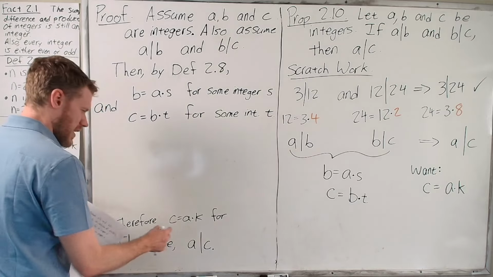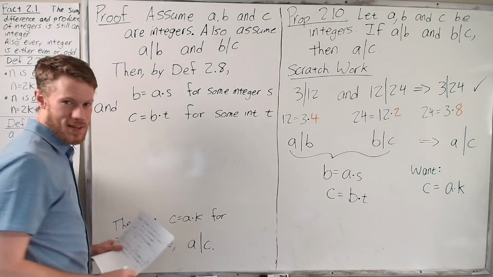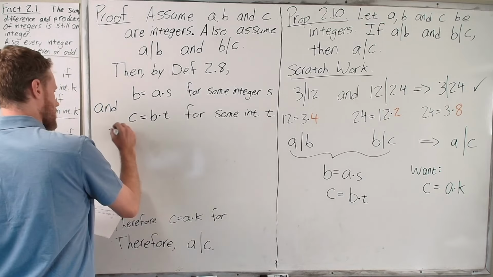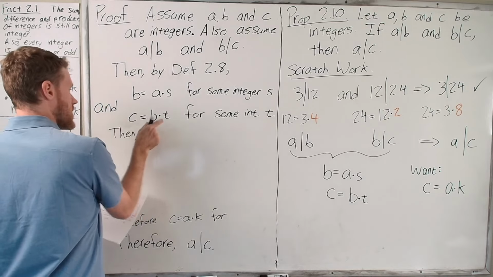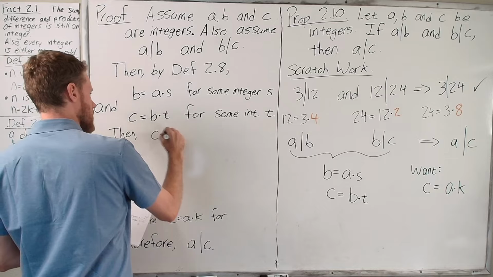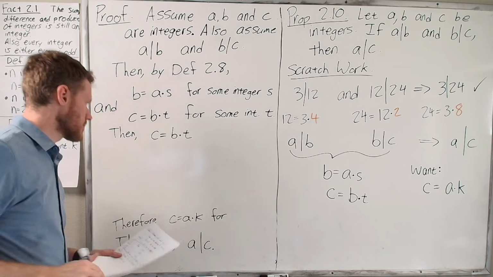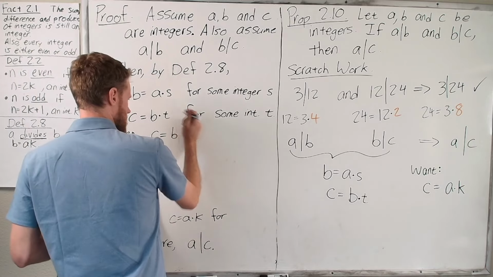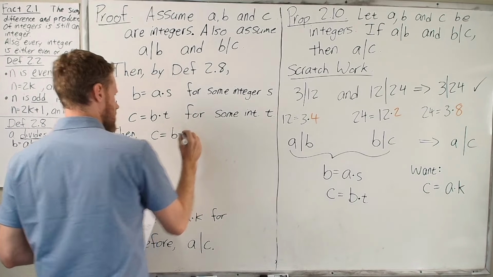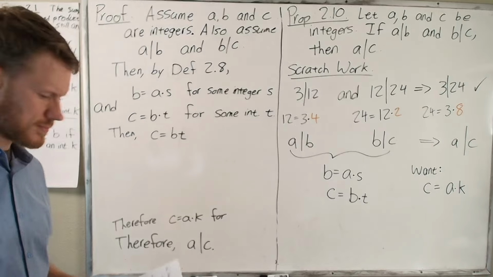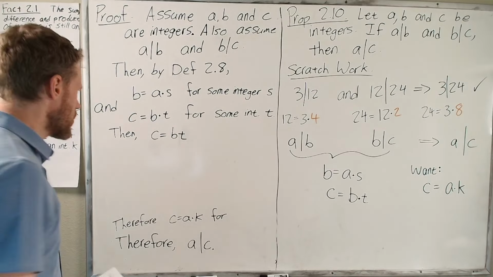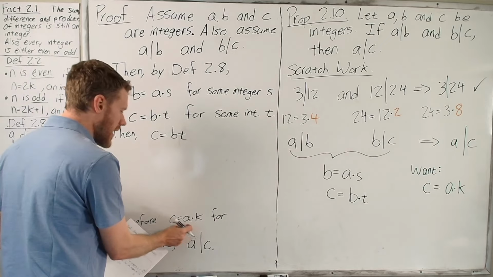Well, if we want to get down to c equals something, here we have c equals b times t. I don't have to write the times symbol, let me just write bt. C equals bt, but we don't want b, we want a.